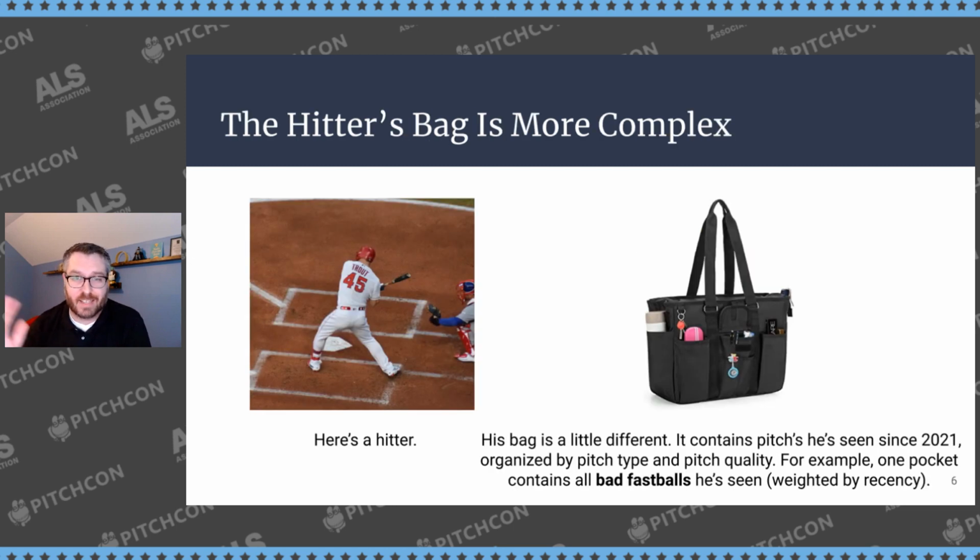The hitter side is a little more complex. They have more of a diaper bag looking thing, because each pocket we have to organize the pitches. So for example, it still contains every pitch they've seen since 2021, but one pocket might be all bad fastballs, right? One pocket might be all quality breaking balls.